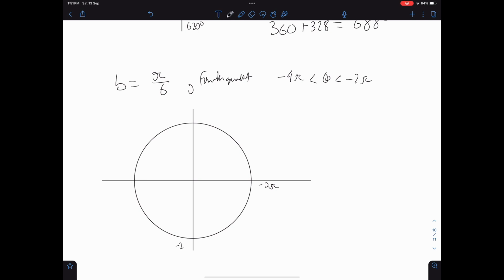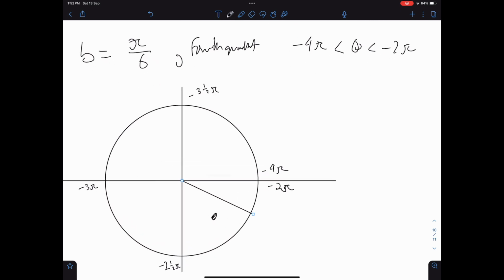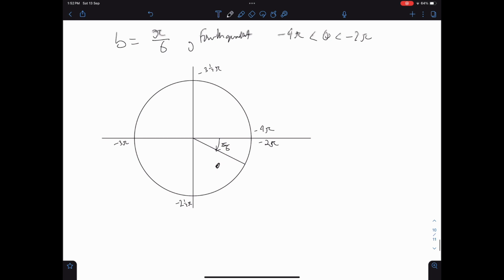We go negative 2 1/2 pi, negative 3 pi, negative 3 1/2 pi, and that's negative 4 pi. And we want it to be in the fourth quadrant. Easy, that'll be the first one we do, and we want to have a basic angle of pi over 6.